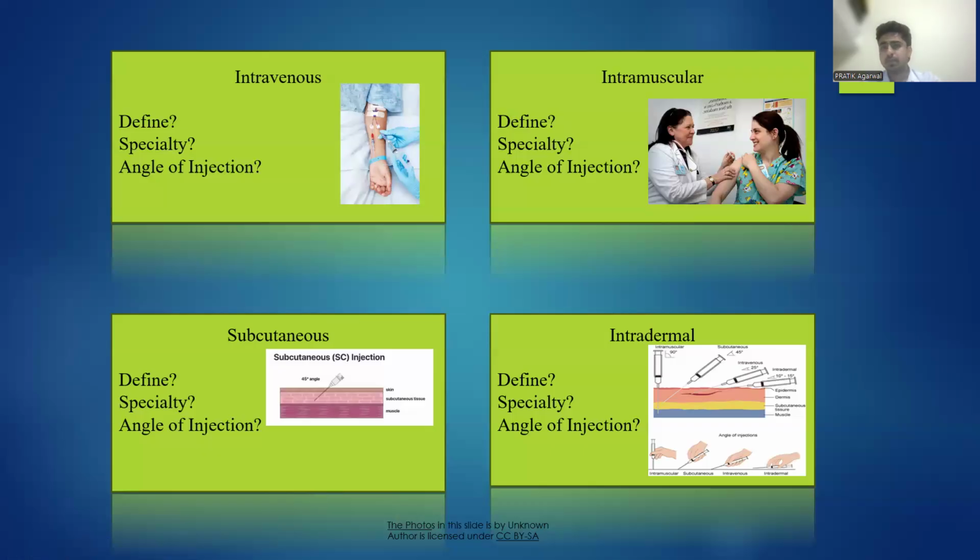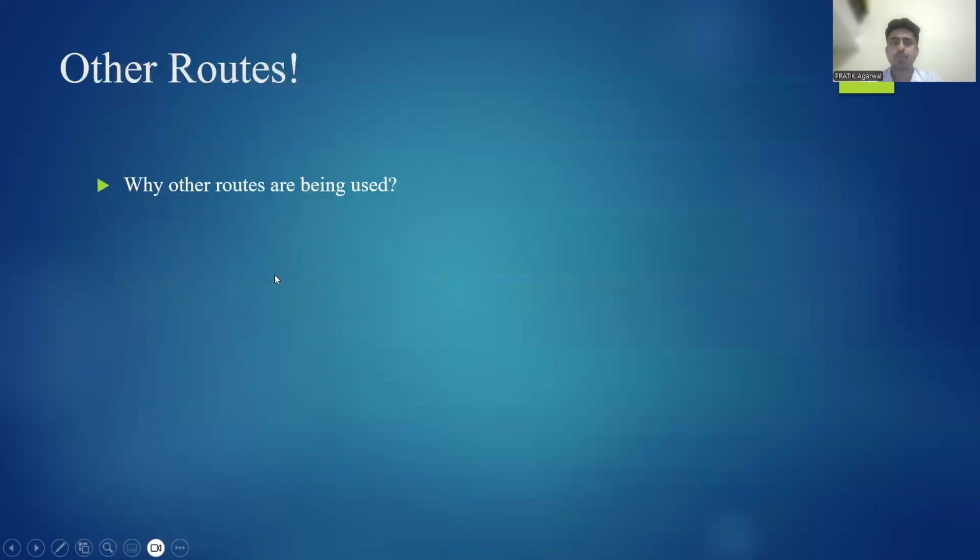We can give them by the intravenous route. All of these carry disadvantages, which we discussed earlier when discussing parenteral routes: not reversible, right? Advantages: bioavailability is high, and they are rapid. Out of the four parenteral routes we've discussed, intravenous is the most rapid. Make sure of that.